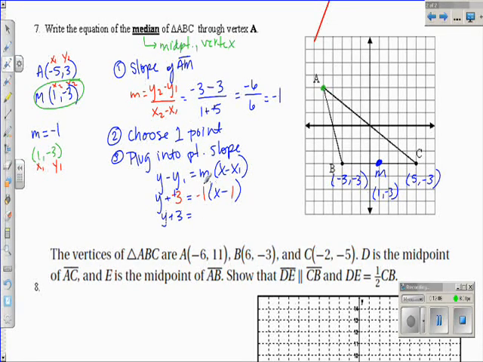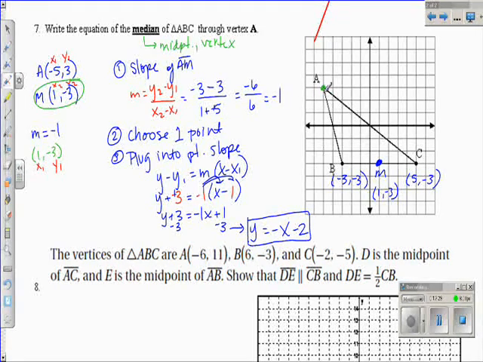So y plus 3 equals -1x. -1 times -1 is +1. I go ahead and subtract 3 on both sides. I'm going to move over here because I'm running out of room. Y equals -1x, or just -x, minus 2. That's the equation of the median.